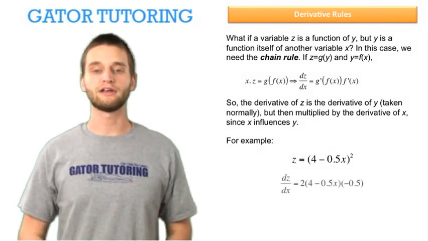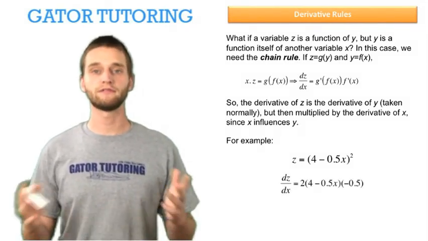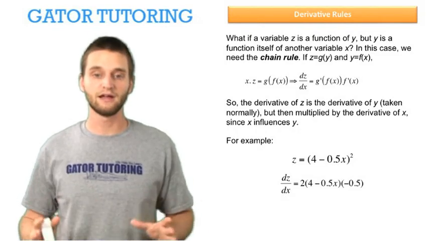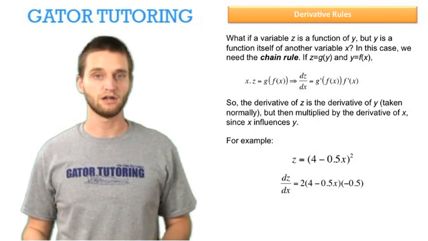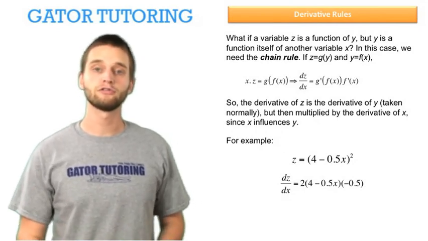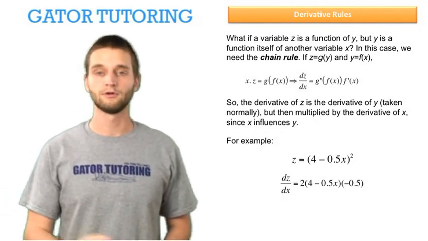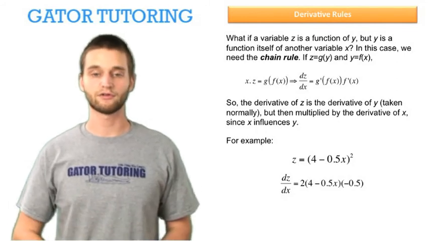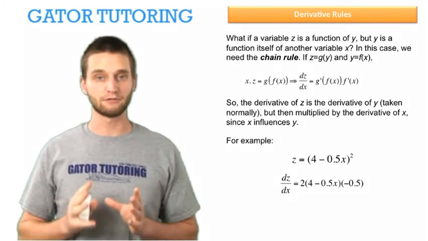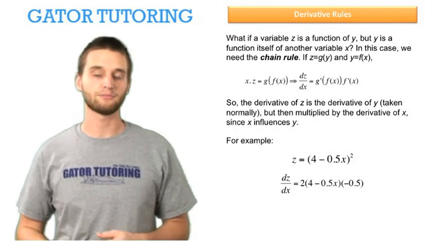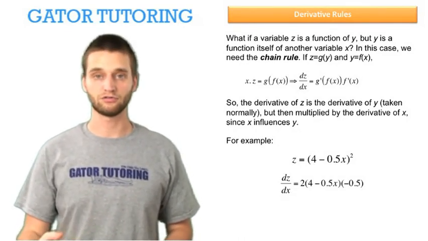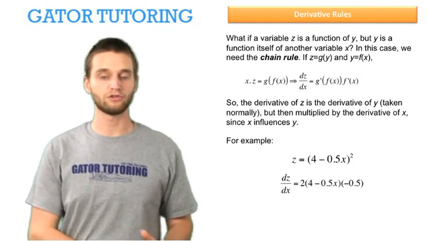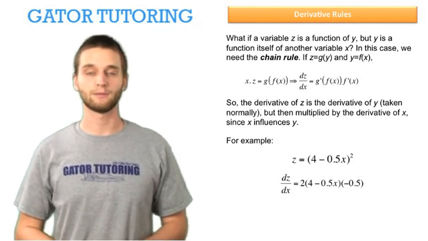So the chain rule says, first you take the derivative of the outside with respect to the big function itself. And so we see the exponent on the whole function, and we have to use the power rule. The power rule says you take the exponent, 2, multiply it in front, so we see the 2 in front, multiply it by the original function on the inside, 4 minus 0.5x, and then drop the exponent by 1. So we see the exponent goes to 1 from 2. So that's where the 2 times the 4 minus 0.5x comes from.